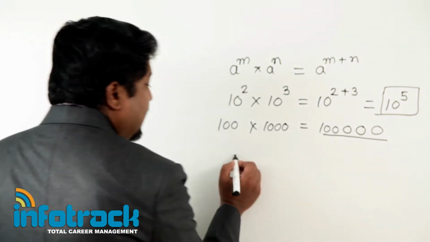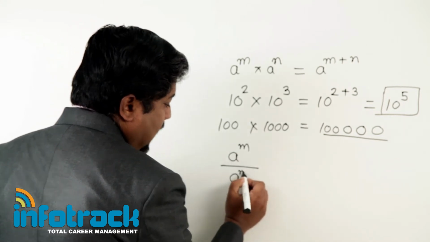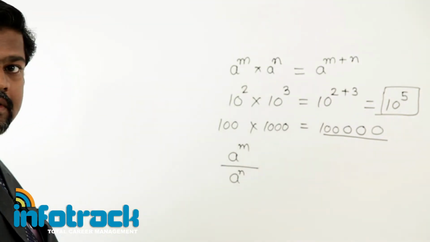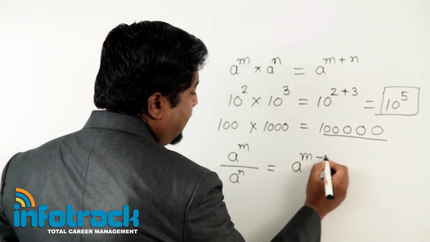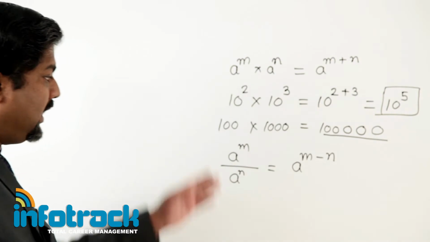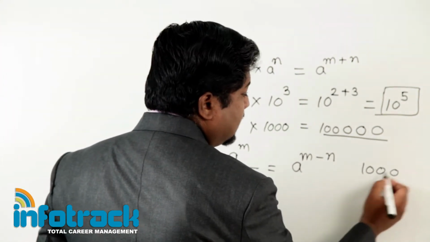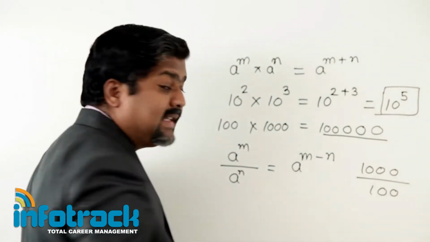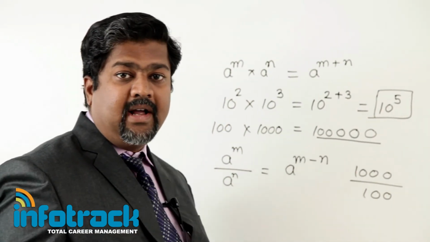Now in the same way, a raised to m upon a raised to n, the answer is a raised to m minus n. You can implement the same thing on 1000 upon 100. This is another example, 1000 divided by 100.